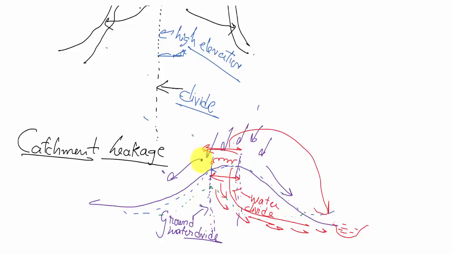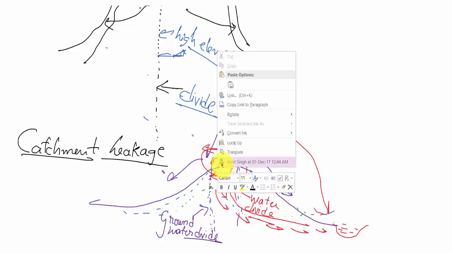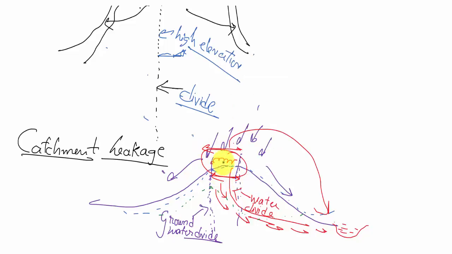It means this amount of water has leaked from this side of the catchment area, which happens when the groundwater divide and topographic water divide do not match. But for large catchment areas, this leakage is neglected, and these two lines are taken to coincide.